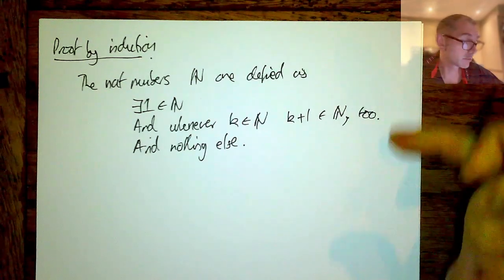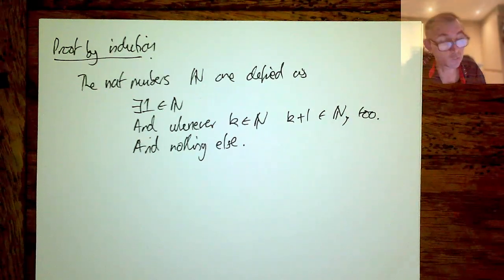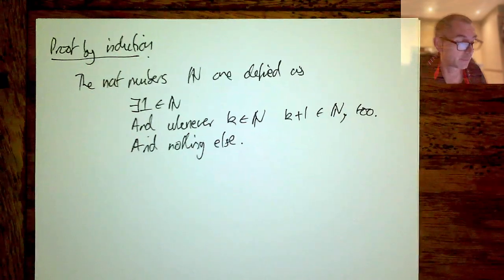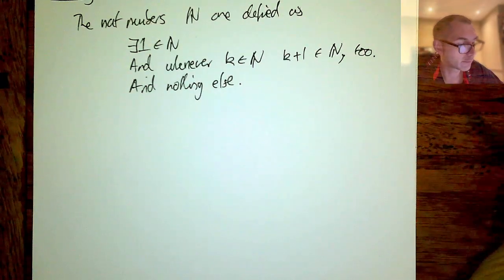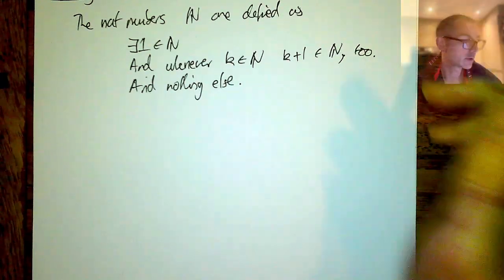Okay, so that's what I've written down there, basically what are known as the Peano axioms. Written down by somebody around the beginning of the 19th century.